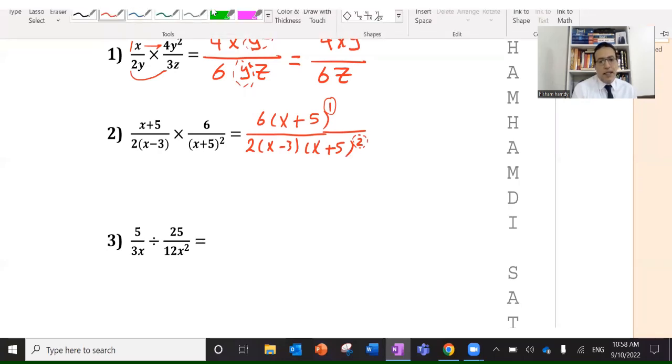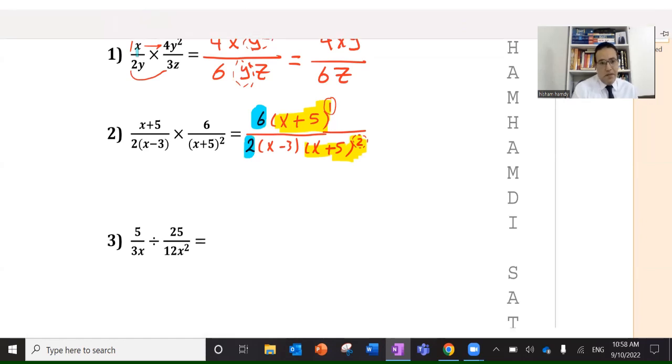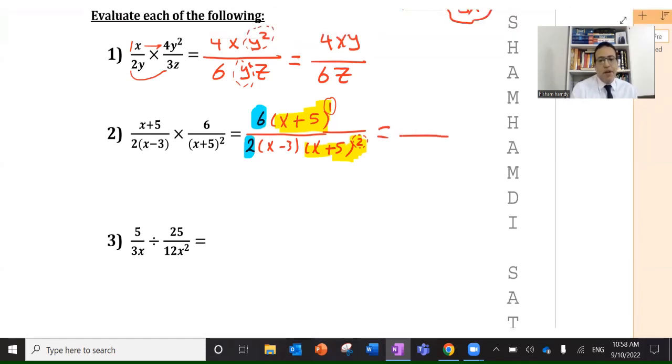I can cancel one of the x plus 5 brackets, and also simplify the 6 divided by 2, which is 3. So x minus 3 multiply x plus 5. Mr. Hisham, I keep it like this? Yes, you can keep it like this without expanding the bracket in the denominator.